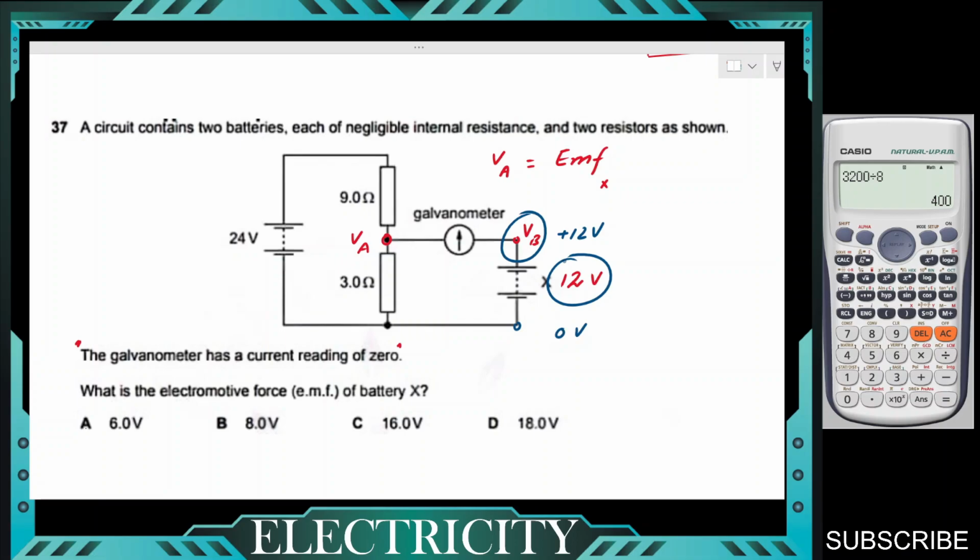But the problem is we don't know the potential at B. What we know is there is no current passing through the galvanometer, which means the voltage at B would equal the voltage at A. And the voltage at A can be found very easily.